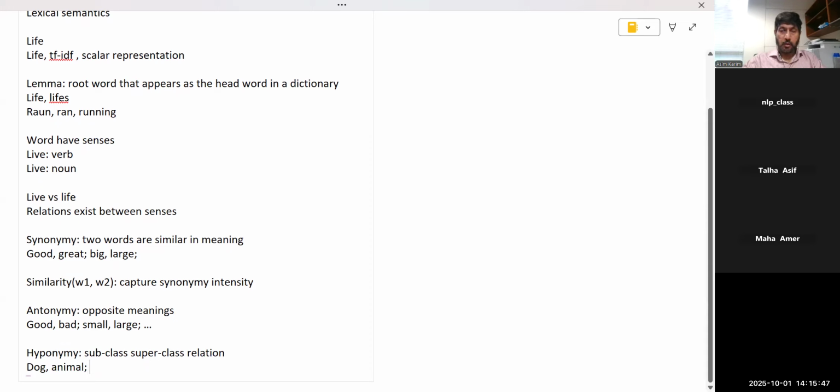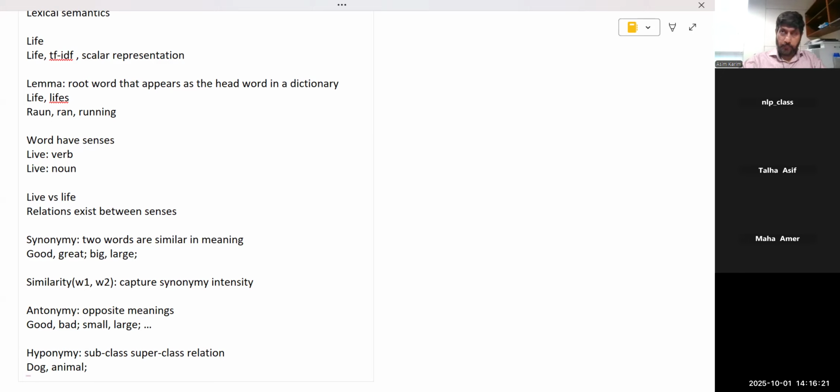So we can say dog is a subordinate or subclass of the word animal. Okay. So of course there may be some similarity, but they are obviously not synonyms, and they are also obviously not antonyms, and in this particular case they are hyponyms. Okay. So similarity would not capture this notion accurately.